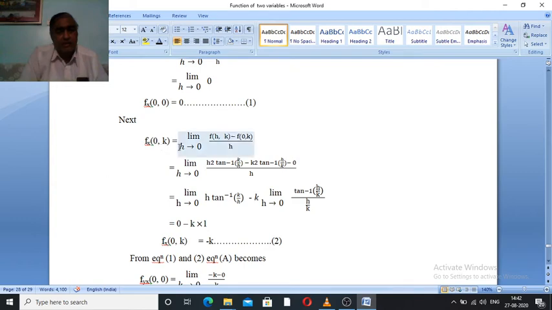f_x(0,k) is equal to limit h tends to 0 of [f(h,k) − f(0,k)]/h. We know that f(h,k) is h² tan⁻¹(k/h) − k² tan⁻¹(h/k), and f(0,k) is 0, upon h.